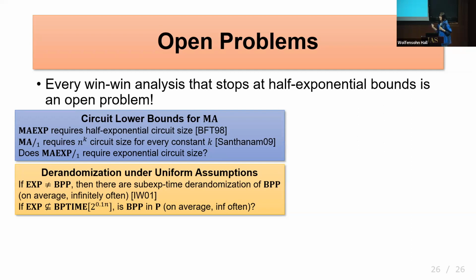But they need to use a win-win analysis on whether EXP has small circuits, I remember. So the argument doesn't show that if EXP is exponentially hard for BPTIME, then we get polytime derandomization of BPP. That's another interesting test case for iterative win-win arguments, where we are currently not making progress.